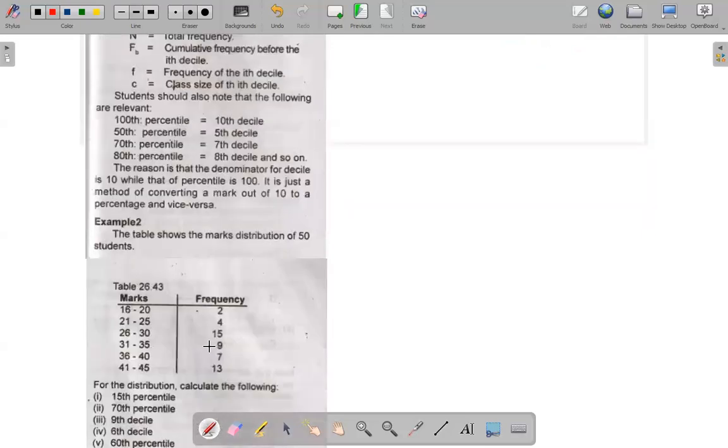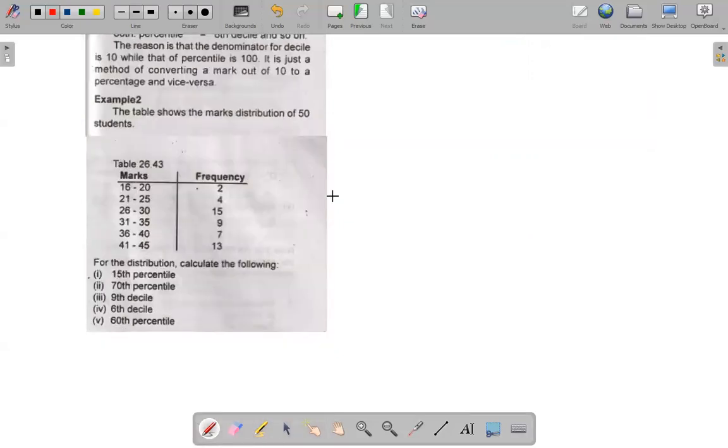We have an example here. Say the table shows the mark distribution of 50 students. This is the table. For the distribution, calculate the following: 15th percentile, 70th percentile, 9th decile, 6th decile, and 60th percentile.